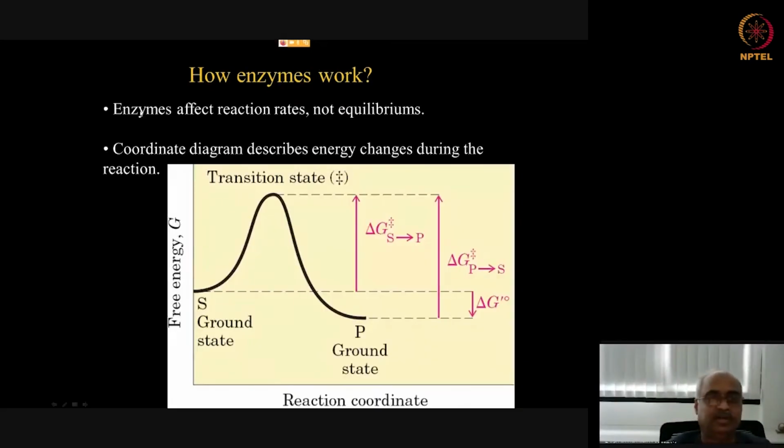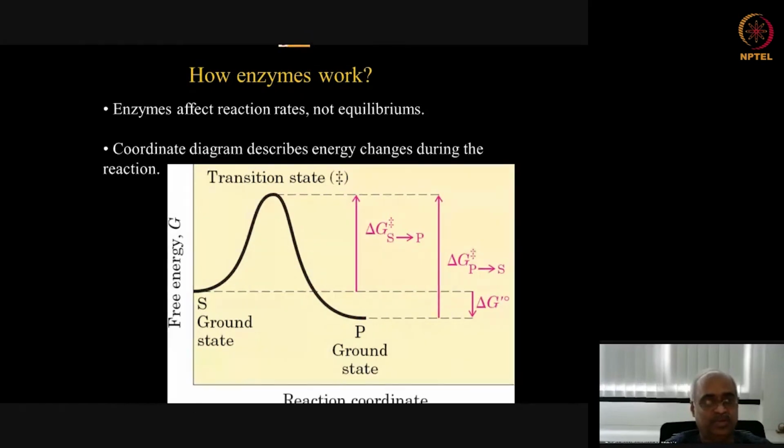Right. So the other important point to remember about enzymes is, like any other catalyst, they affect the reaction rates, not the equilibrium. Okay. So the concentration of CD upon AB for a certain Keq, like the equilibrium constant, will still be the same.